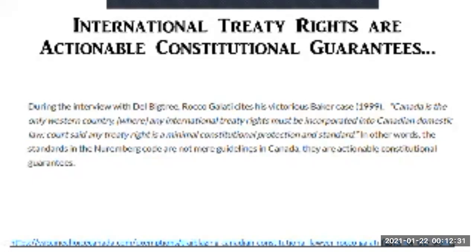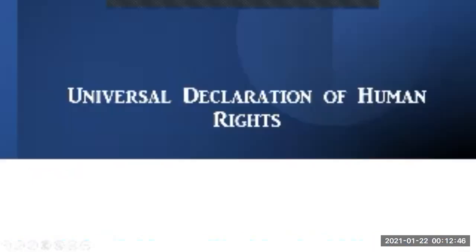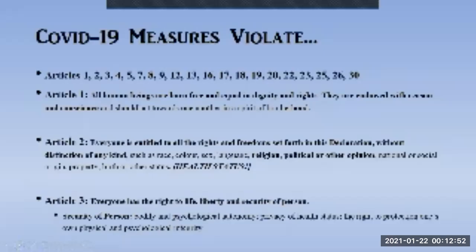We're going to look at the Nuremberg Code in relation to informed consent when we dig into Canadian medical law and informed consent issues there. First, we're going to look at the Universal Declaration of Human Rights and specifically the articles that are violated by the COVID measures.